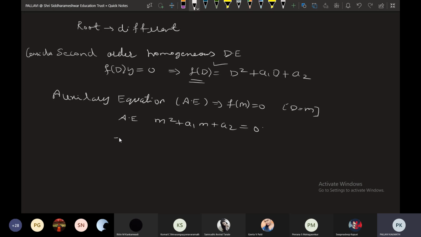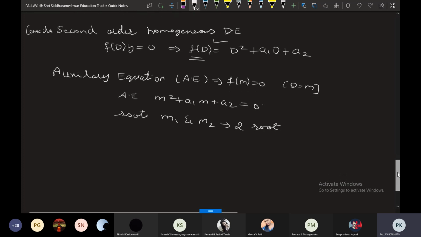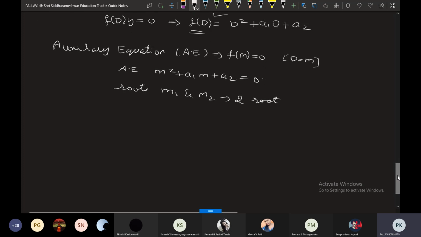Therefore, the roots you will be getting are in terms of m, right? So m1 and m2 are the two roots you get if your equation is of second order. Now we have to test whether these roots are real, unique, distinct, or complex.